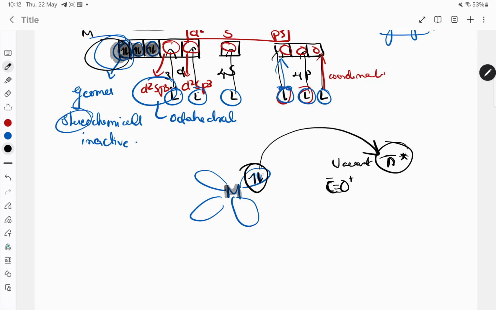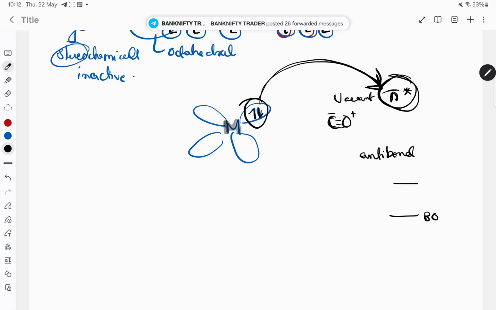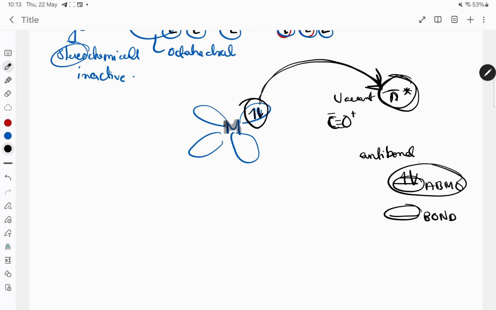Anti-bonding orbitals are higher in energy, while bonding orbitals have lower energy. If electrons fill a higher energy orbital, it is destabilized. So the CO bond becomes destabilized and weaker.